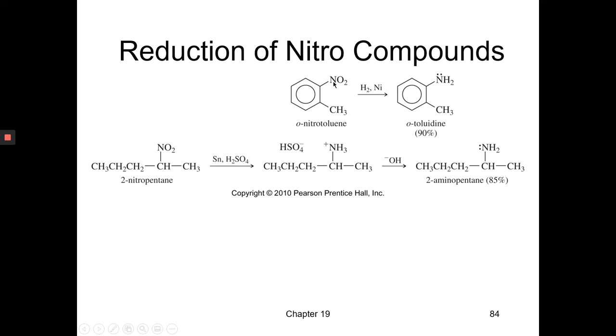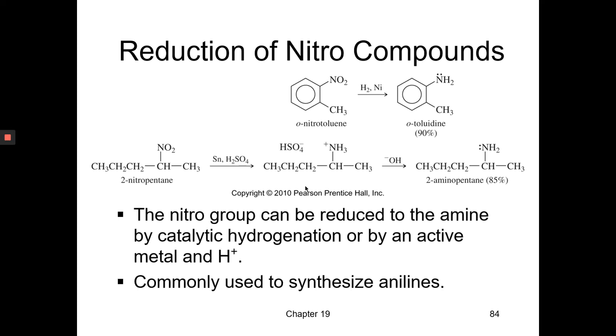And once we nitrate, we can reduce it. There's a couple ways we can do that. One is with hydrogenation, hydrogen and a catalyst. The other way is to use an active metal, tin, iron, or zinc, and acid. This is a method that's commonly used to synthesize anilines.